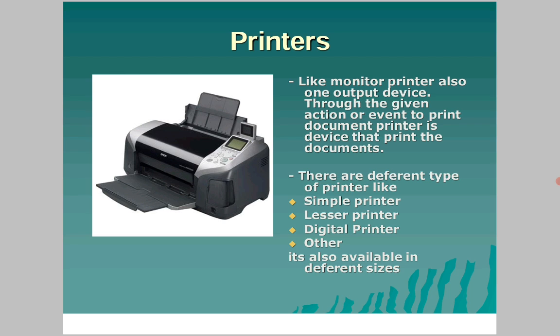Second type of printer is desktop printers. Desktop printers are high quality output printers, and the cost is low. The quality of the print is high, but the refilling cost of the printer cartridge is also high.